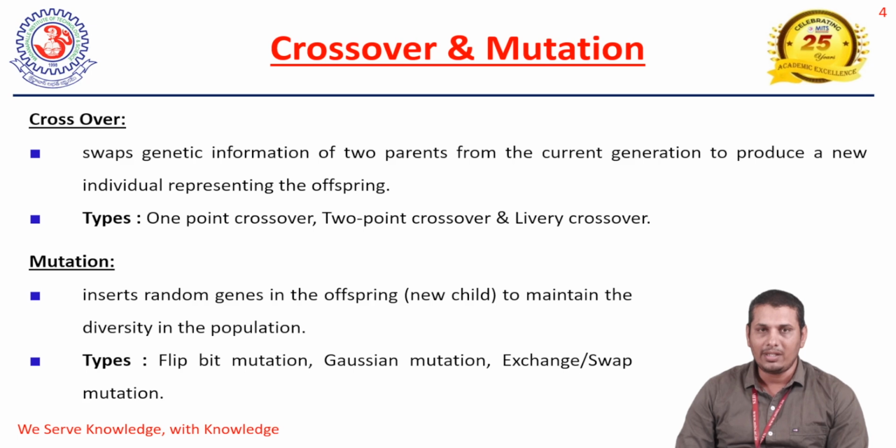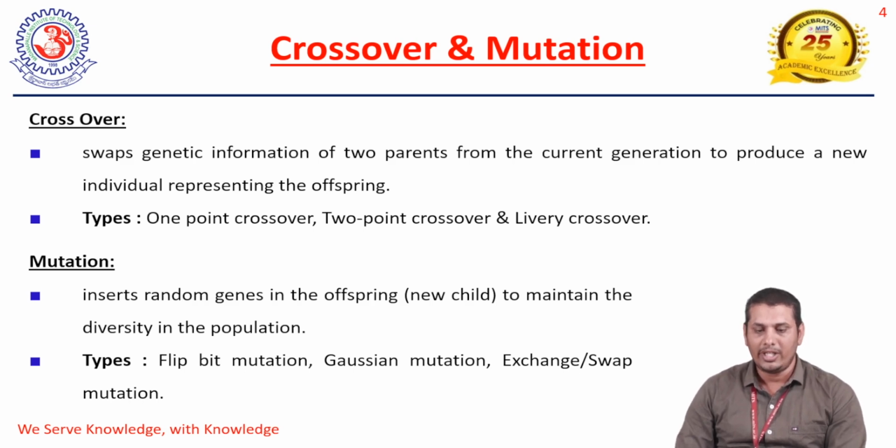Existing ones are sunny, moist, cloudy, winter season, rainy season and so on. If I combine sunny with winter, or sunny with rainy, a new type of output may be generated. This type of combination we call mutation. We have different mutation algorithms: flip bit mutation, Gaussian, and exchange or swap mutations.